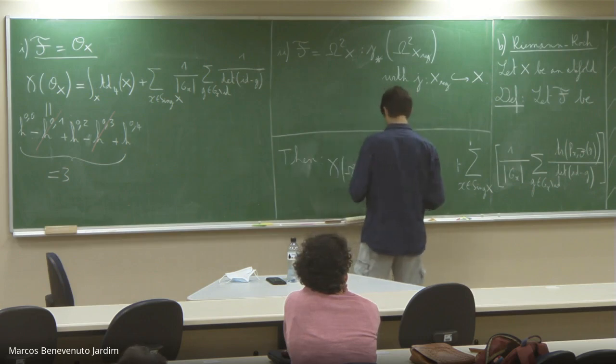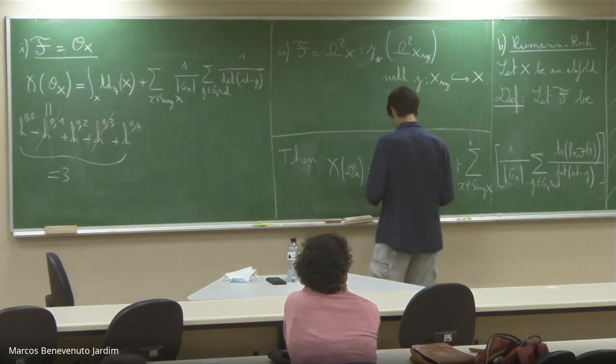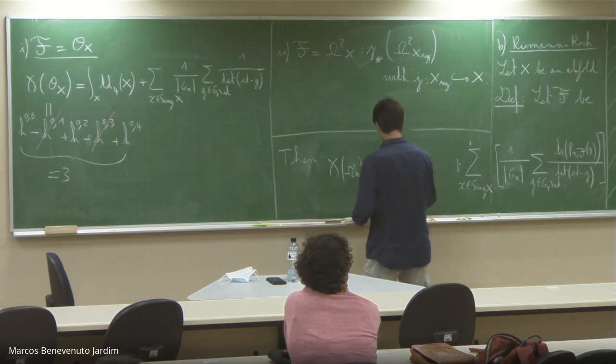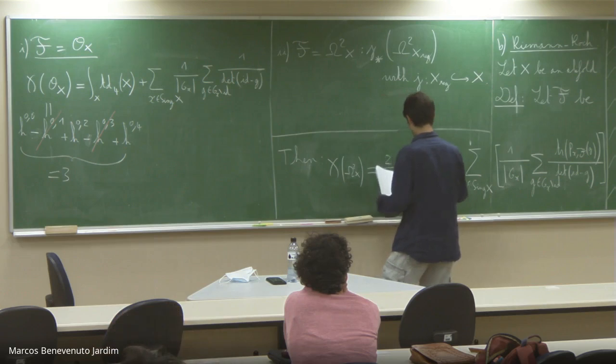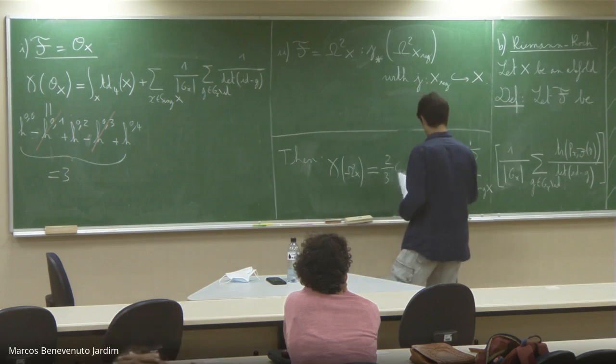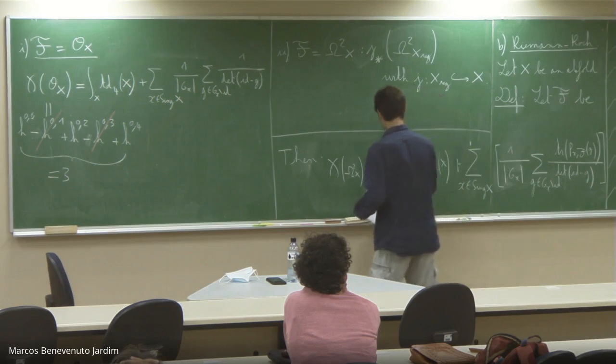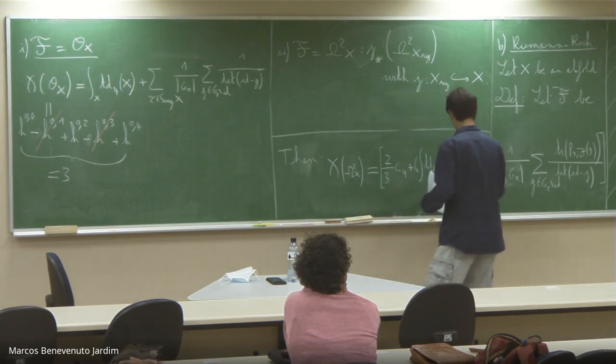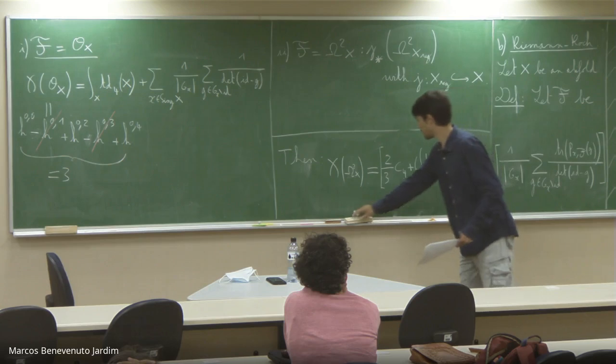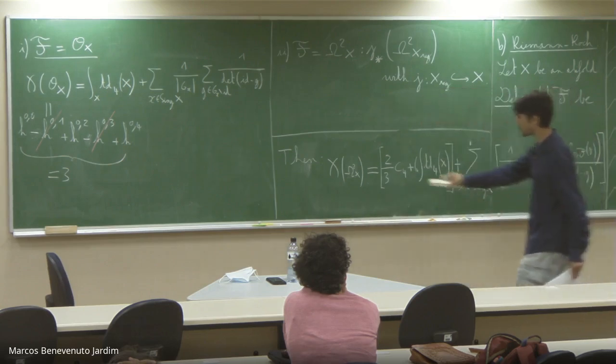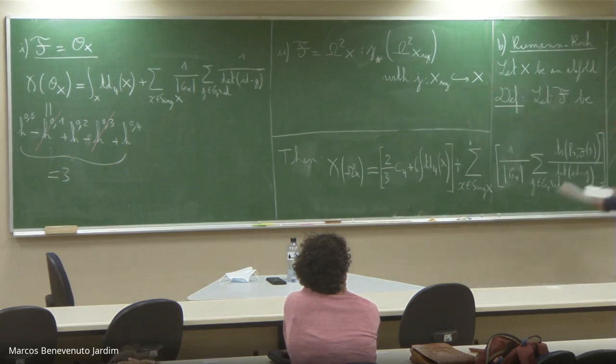So I will not give here all the details, but it will be 2/3 of Todd_4 plus 6 Todd_4 of X. So it's simplified because the first Chern class is 0.